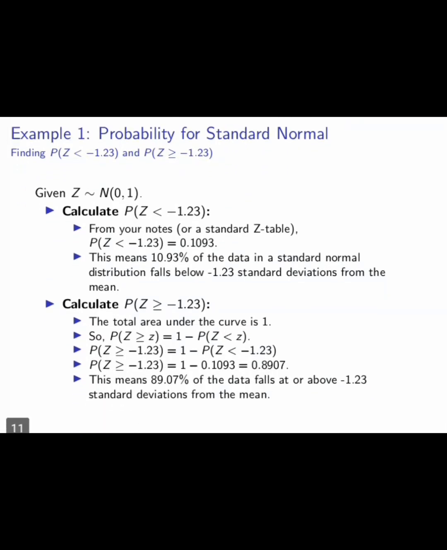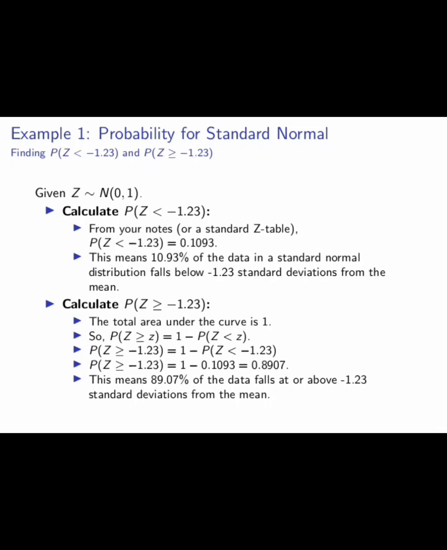So the second one that we have now is that, before you can even know, you must note that whenever you see Z is normally distributed with 0,1, the first thing that should come to your mind is that you are dealing with a standard normal distribution, because I stated earlier that for a standard normal distribution, the mean is equal to 0 and the standard deviation is equal to 1, or the variance is equal to 1.